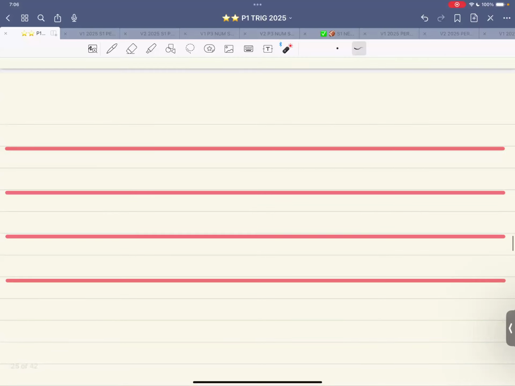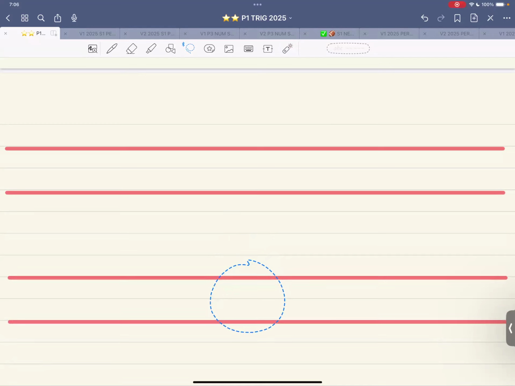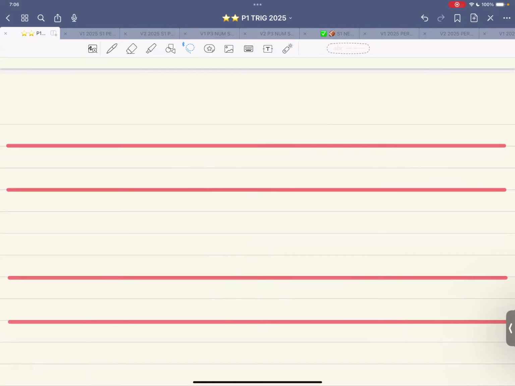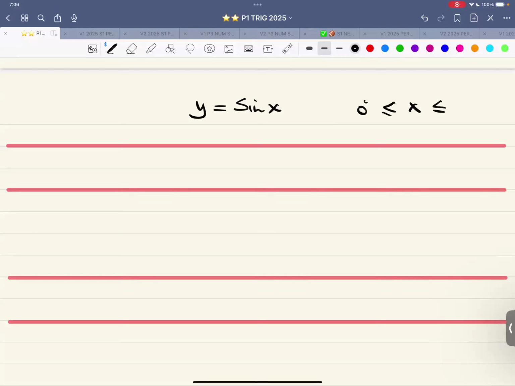So now let me use this knowledge. I can plug in some values because we have to understand it from the very basics. I can do some calculation for y equals sine of x, plugging in values between 0 and 360 degrees.